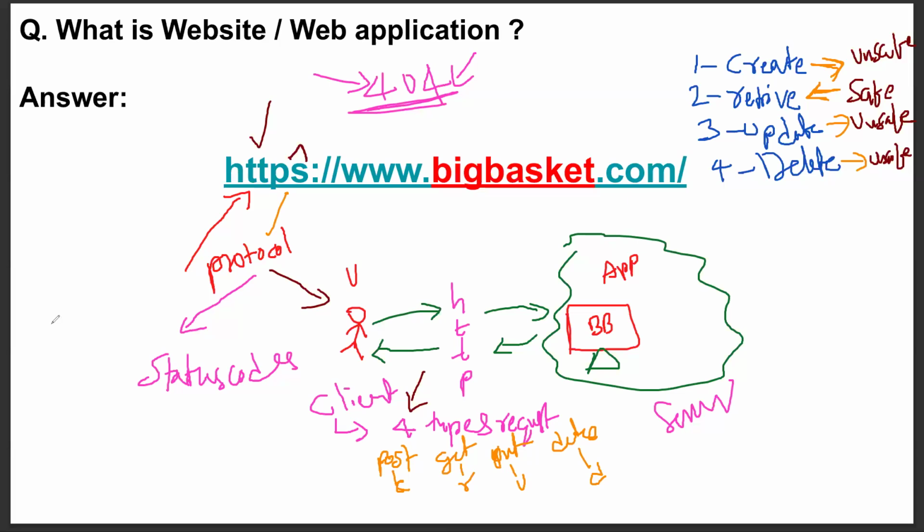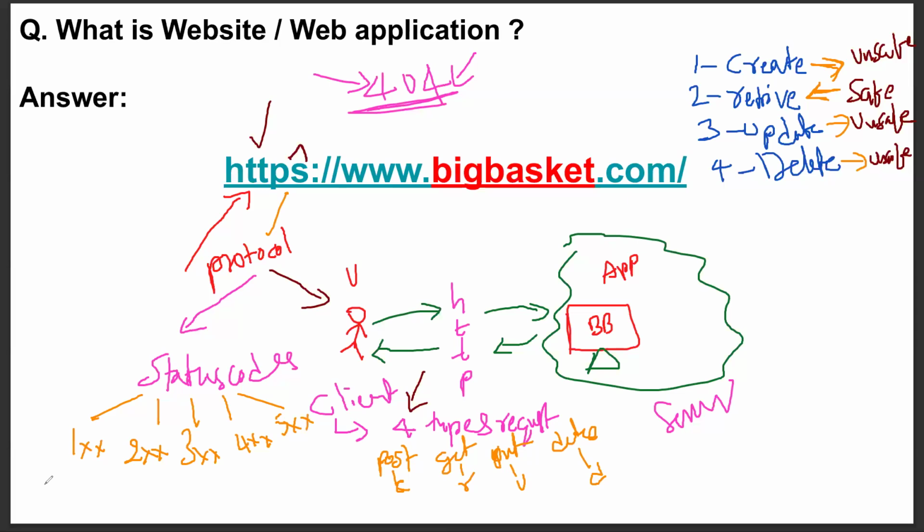So let me explain. Basically, guys, we have 5 types of status codes. Everybody should know HTTP request types, and HTTP protocol status codes also. I'll explain these 5 types of status codes. They start with 1xx, 2xx, 3xx, 4xx and 5xx, guys.